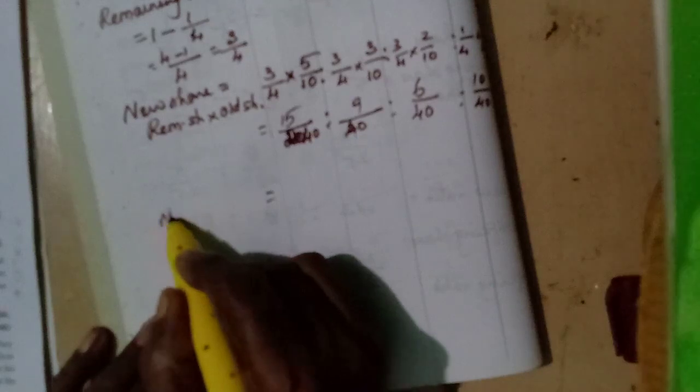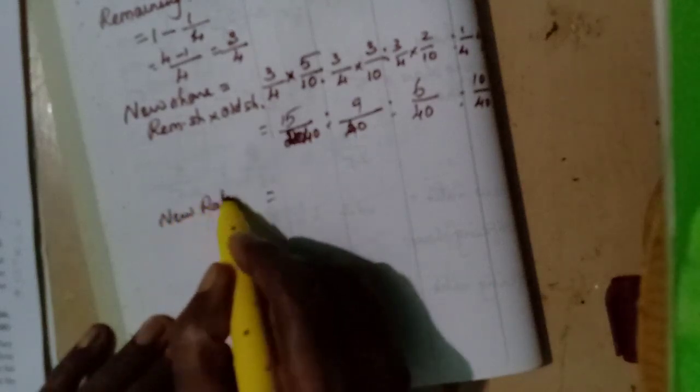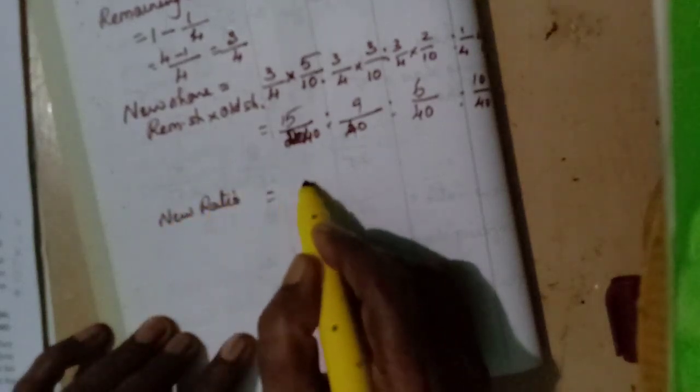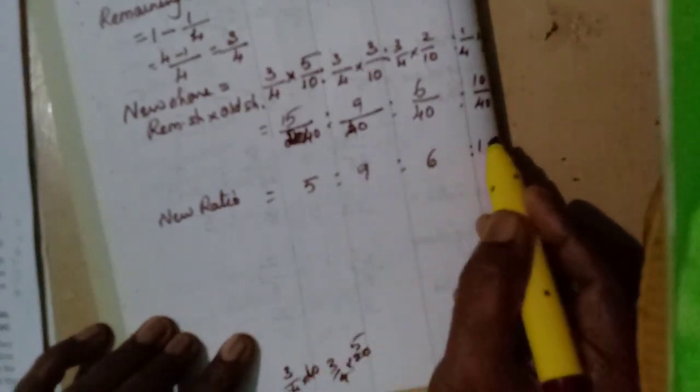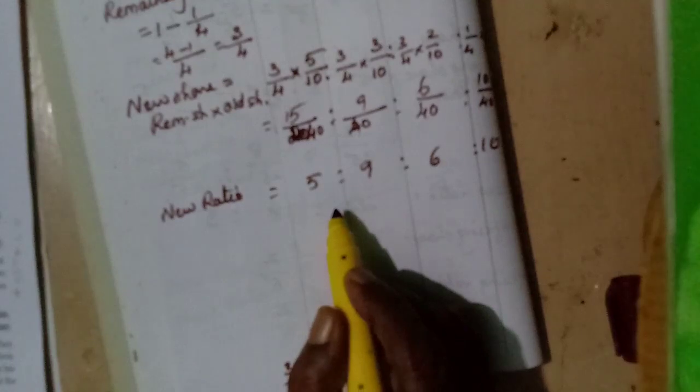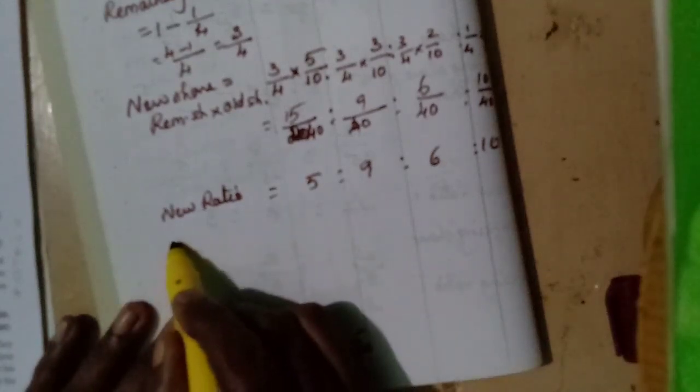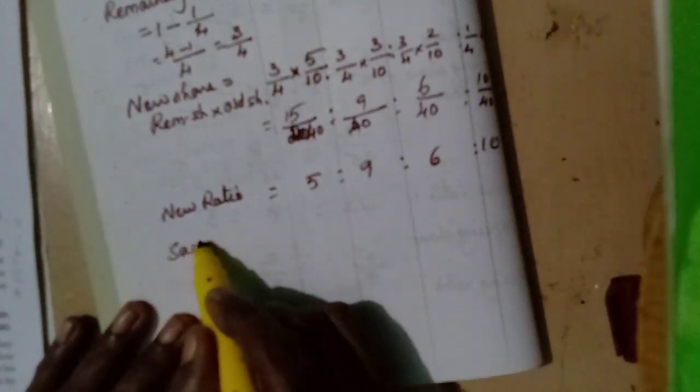Now, new ratio: 15 is to 9 is to 6 is to 2. We cannot simplify this, isn't it? Now, sacrificing share.